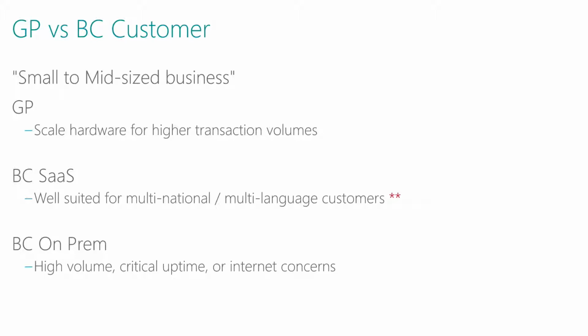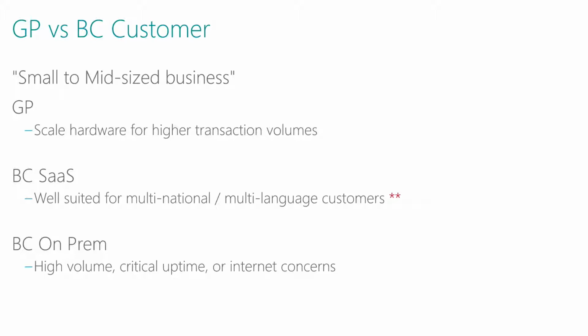I think some GP users are 2 users and a couple million in revenue maybe. And I mentioned that I've worked with a customer that was an $8 billion public company that used Dynamics GP. So Dynamics GP really covered the entire range of businesses in the United States, at least.